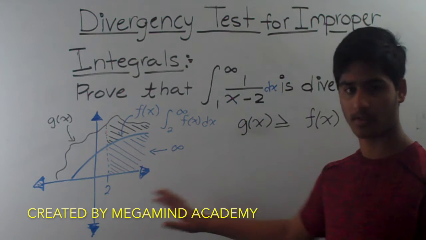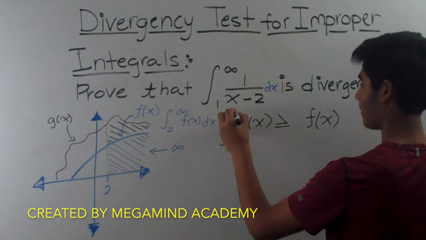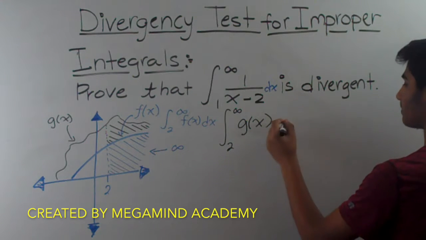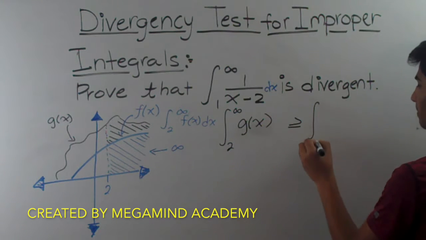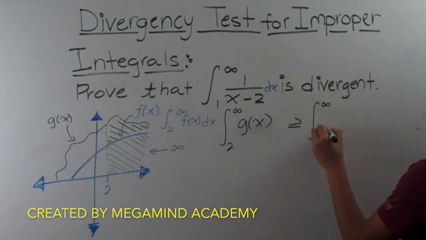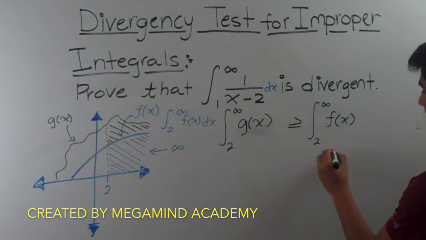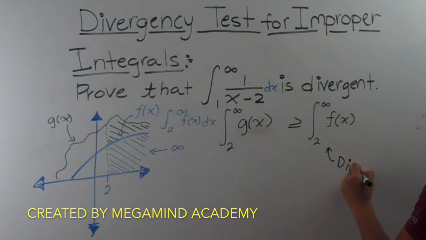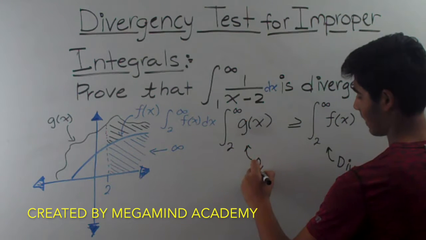We want to know from 2 to infinity, right? So this would be if the integral from 2 to infinity of g of x is greater than the integral from 2 to infinity of f of x, and f of x is divergent, or this integral is divergent, then that means that this integral has to also be divergent.